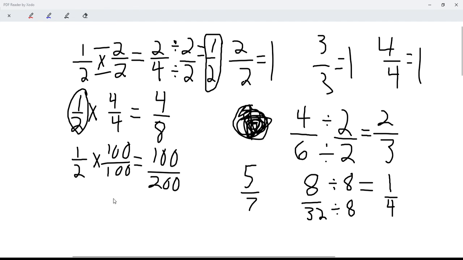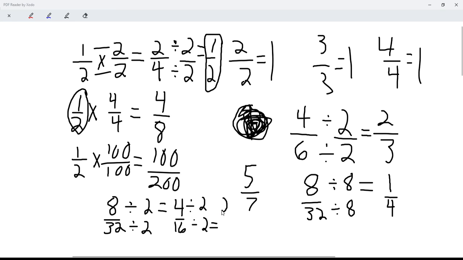But one thing I do want to point out is that if I got 8/32 and I said, oh, they're both even, I can divide by 2. And that would give me 4/16. And then I would say, oh, they're both even again. I can divide by 2 again. And then it would give me 2/8.